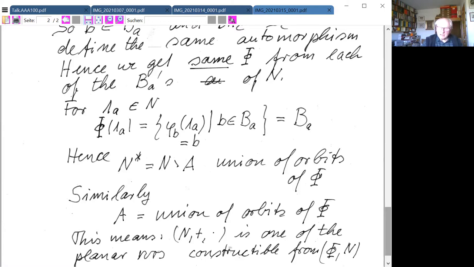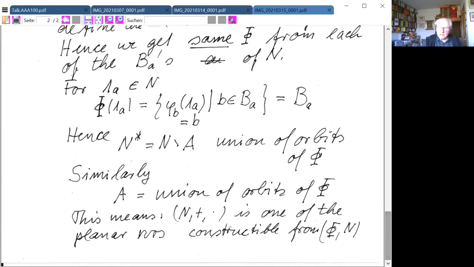These are exactly the orbits of the group which we detected, and the group which we detected was actually one B sub A. And this means that N star must be a union of orbits.